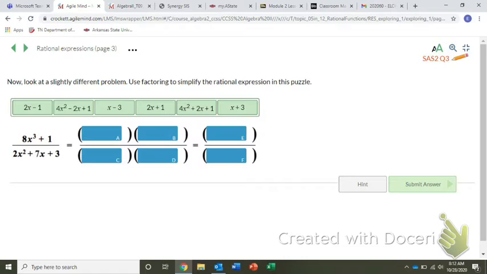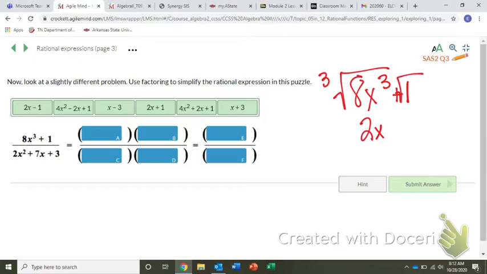So we will start on the first one on the top. We have 8x cubed plus 1. Well, we know to get rid of a cube, we must take the cube root. So the cube root of 8x cubed is 2x.